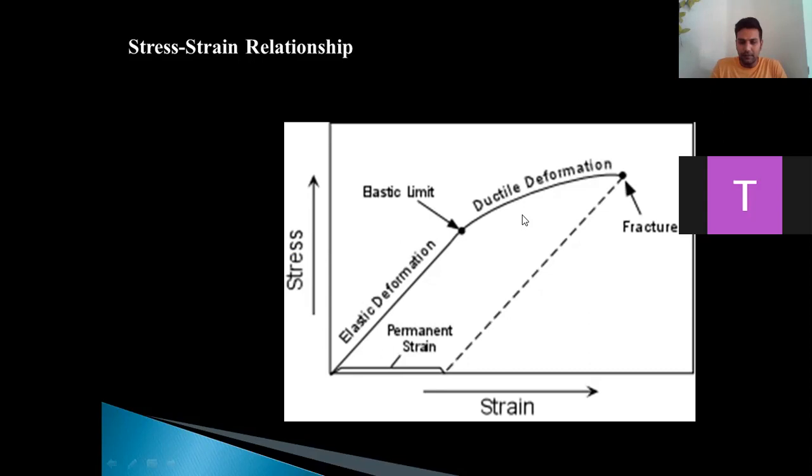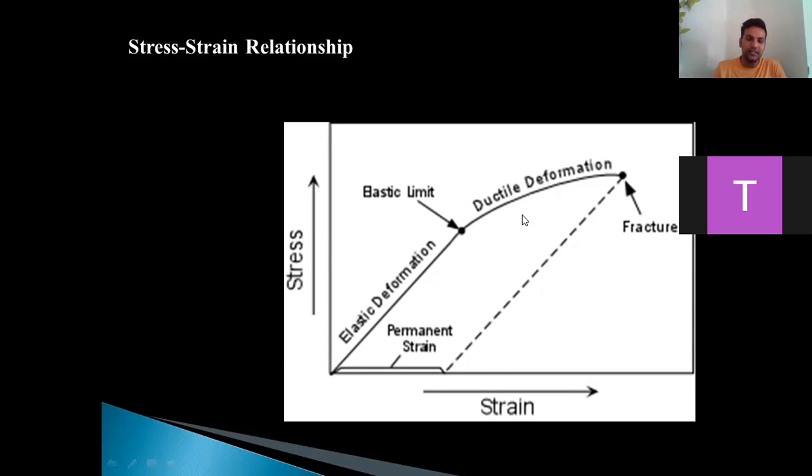Now just consider the case where you start increasing stress from zero, or from the origin of the plot. Slowly, when you increase the stress, the strain will also increase. They will be exactly proportional to each other.